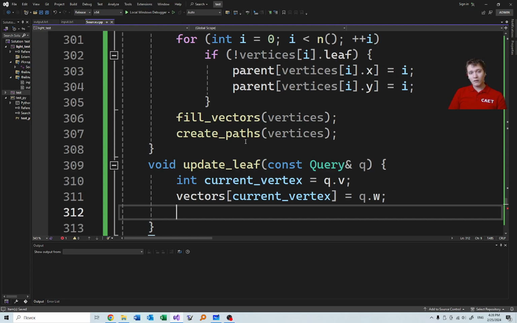Yes, I think our current vertex should be always the upper vertex. So we also would like to store current path. Okay, current path is not needed. We only need current vertex.